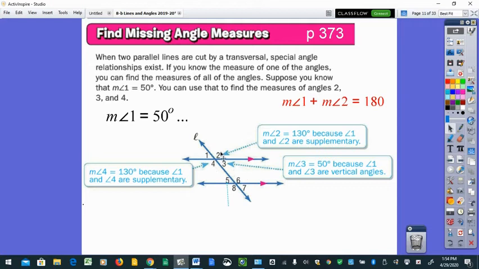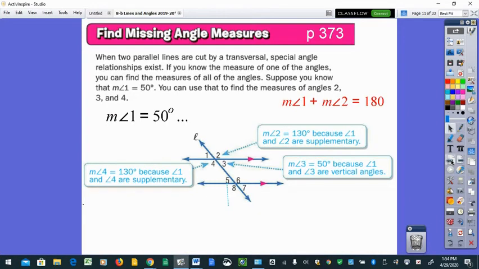So if this one is 50, angle 2 has to be 180 minus 50, which is 130. Now I think it's easiest to just do vertical angles. If angle 1 is 50, angle 3 would be 50. And if angle 2 is 130, angle 4 would be 130. You can get those angles very quickly.